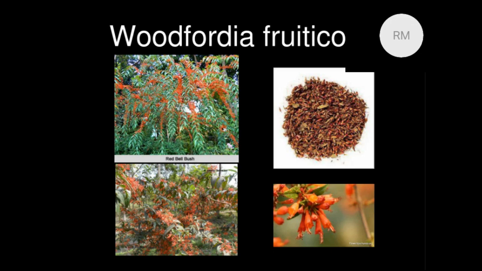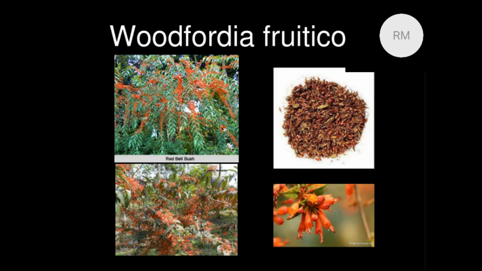Some of the interesting properties of this plant is that it is very good in fever. Have you heard of the red bell bush? No. Has anybody seen this plant? Maybe not. I have no idea whether it grows in the places where you're coming from.